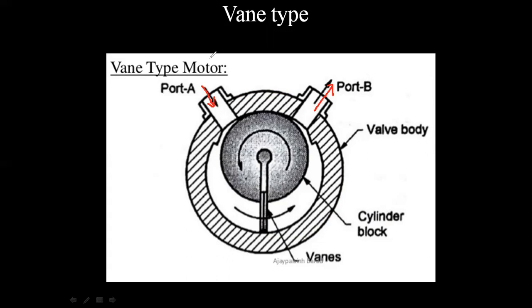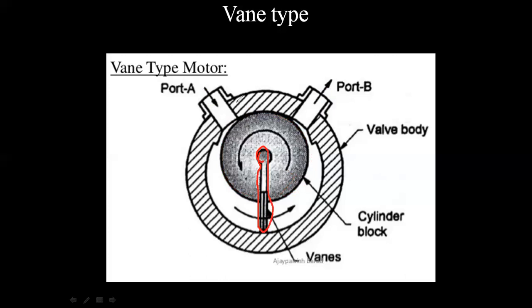This vane type motor comes under the limited rotation hydraulic motors. It resembles a wall clock inside: a cylindrical block, and then a needle-like shape, which is nothing but the vane.